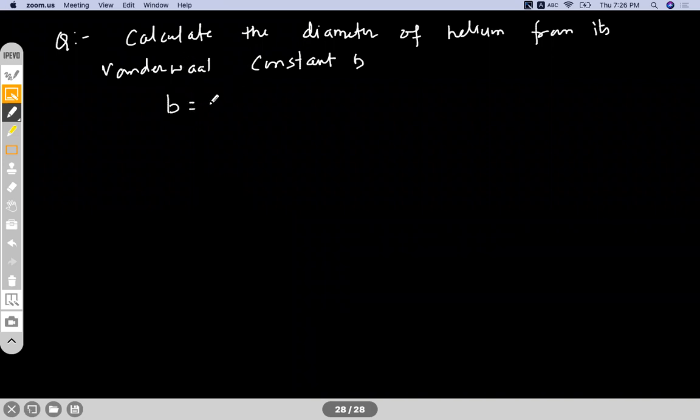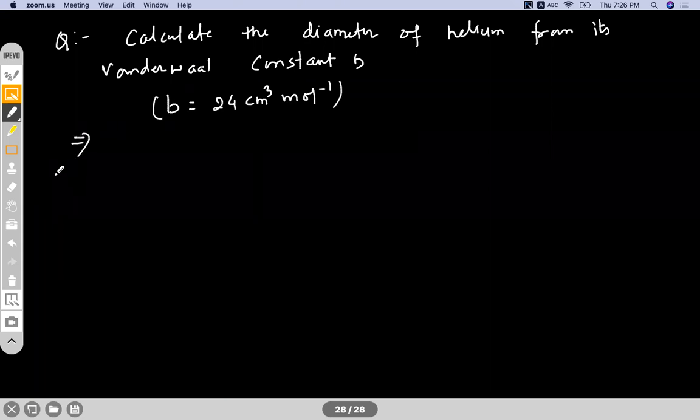It is 24 centimeter cube mole inverse. Try this.